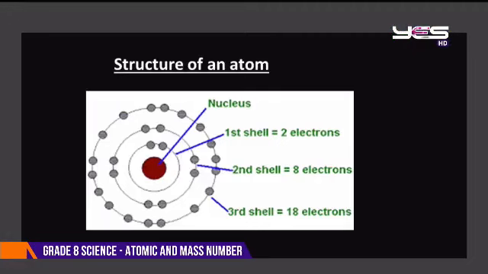Then the electrons are revolving through the circular path or through the orbit. There are different orbits: K shell or the first orbit, L shell or second orbit, then third shell, then fourth shell. Like that different orbits are there. Through that orbit, what is revolving? Electrons are revolving.